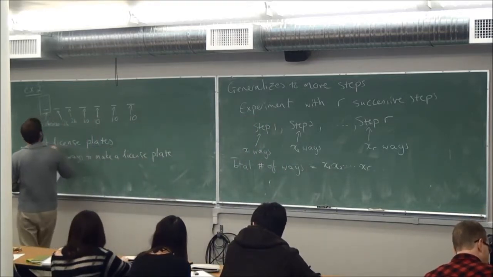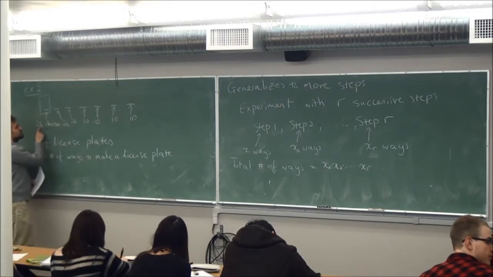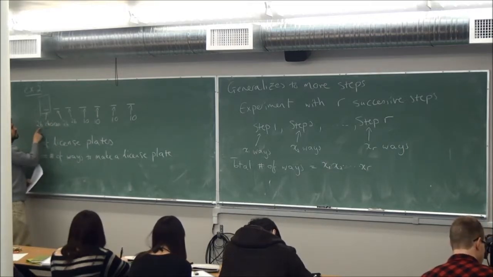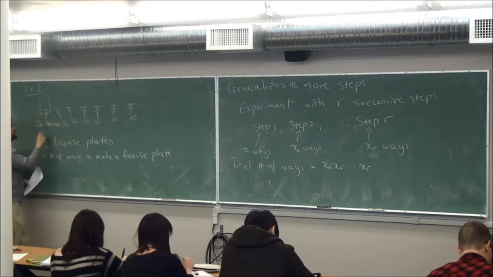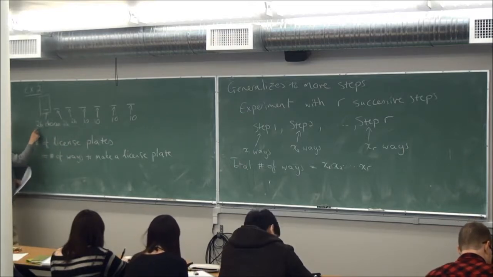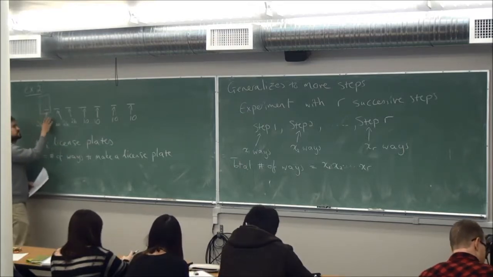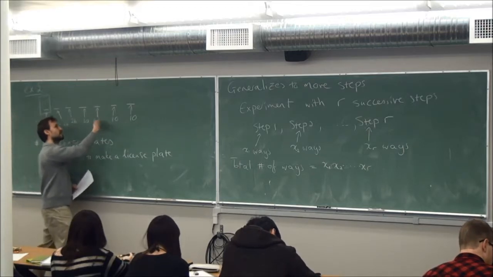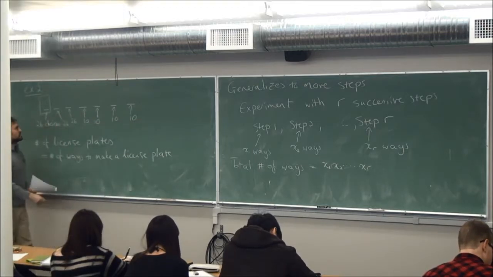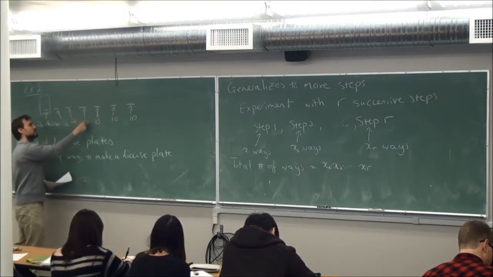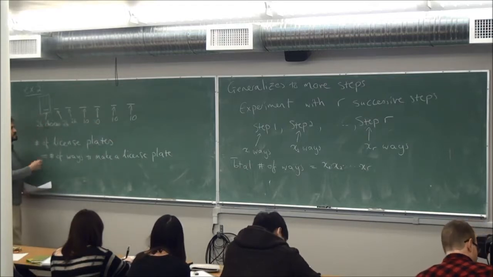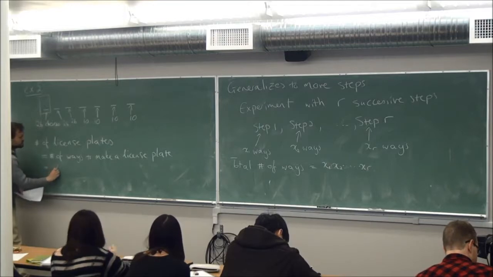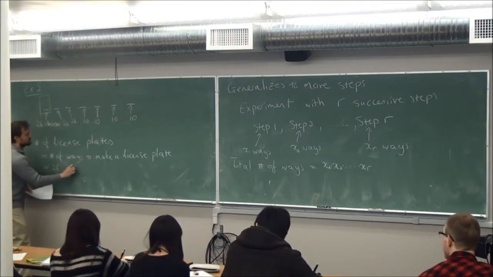So the basic principle of counting tells me that if I have an experiment and I've completed it by doing one step followed by the next, followed by the next until I'm done, and each step can be completed in a certain number of ways, how many ways can I do the whole experiment? I just multiply all these numbers together.